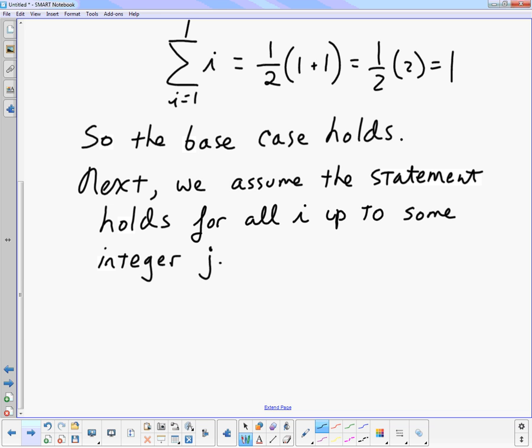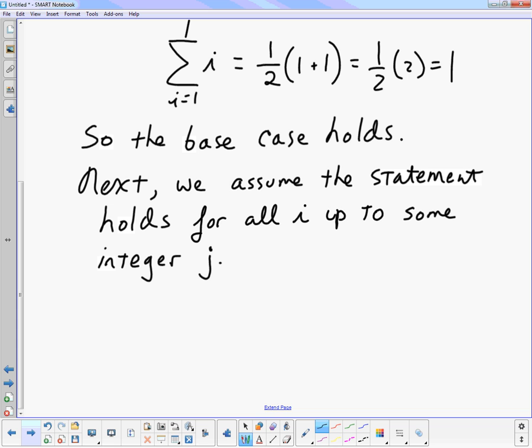So we assume that the original statement was true for some i all the way up to j, being some rung of the ladder. And we're going to prove that the next step also holds.